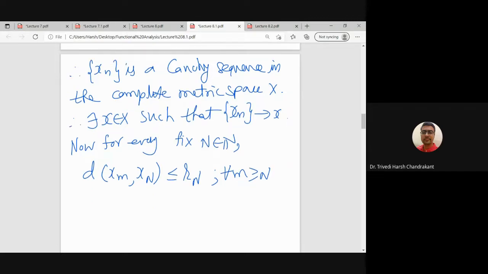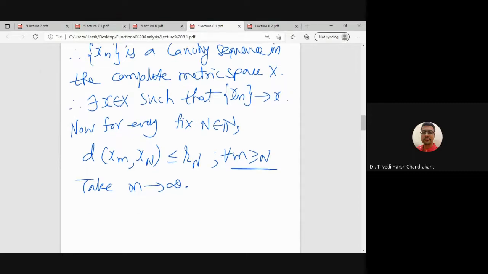So this holds, and now we can take m approaches infinity. This is true for all m greater than or equal to N, and then we take m tends to infinity. Whenever m approaches infinity, xm converges to x. So we get the distance of x from xN is less than or equal to RN.